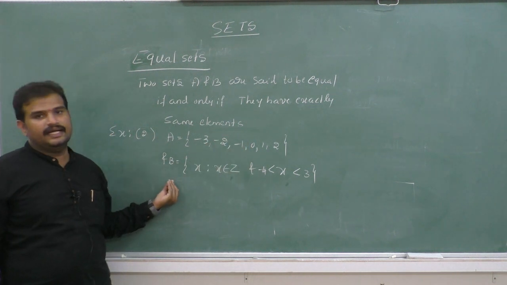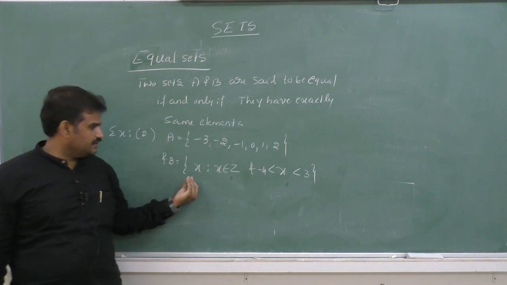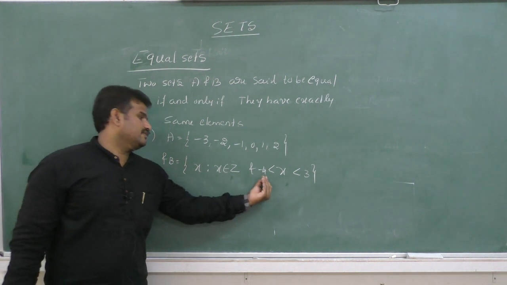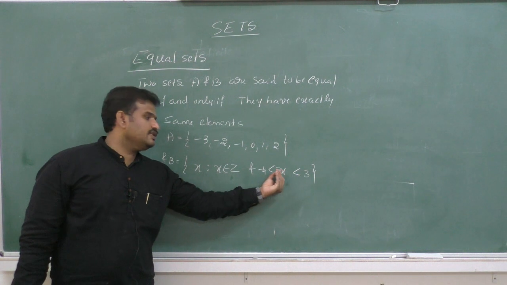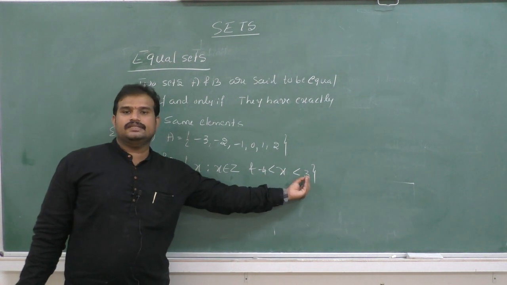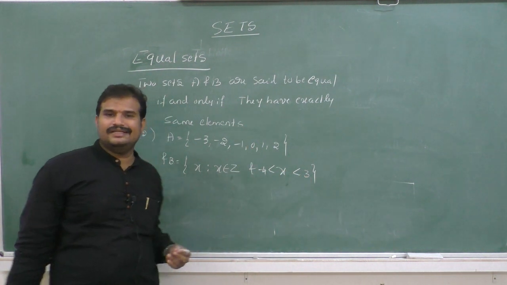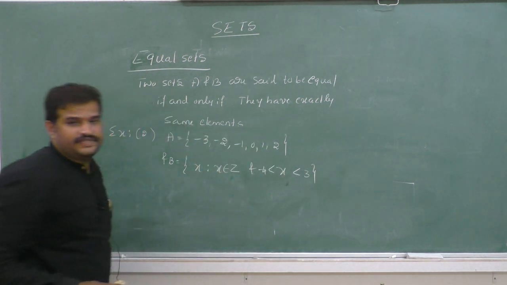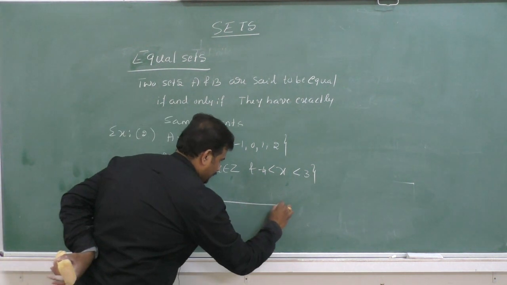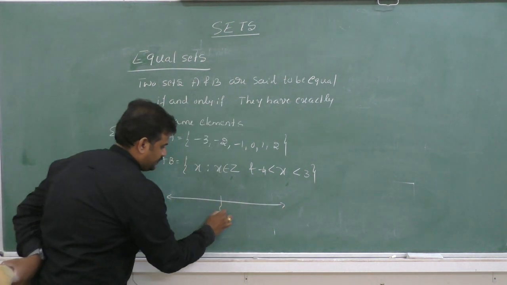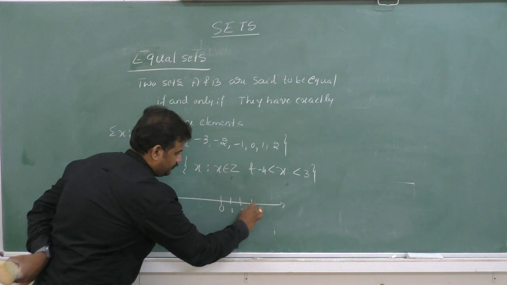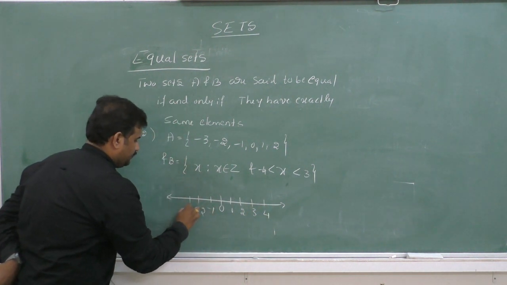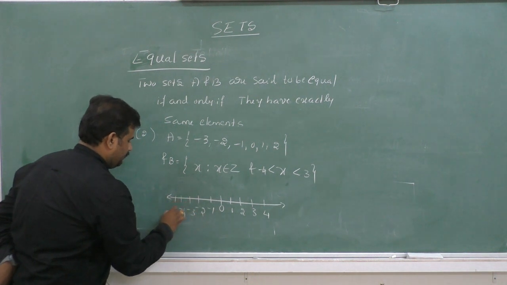What is B given? It's in a set builder form. What are the conditions for x here? The property is x is an integer as well as x lies between minus 4 and 3. What are the integers that lie between minus 4 and 3? Just take a number line. This is 0, 1, 2, 3, 4. Here is minus 1, minus 2, minus 3, minus 4, minus 5.